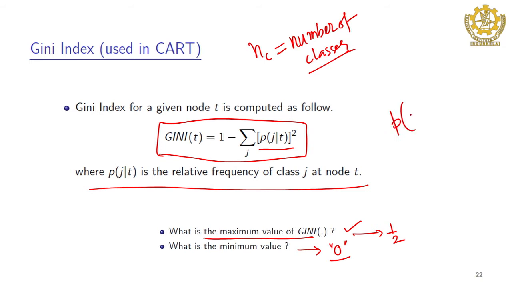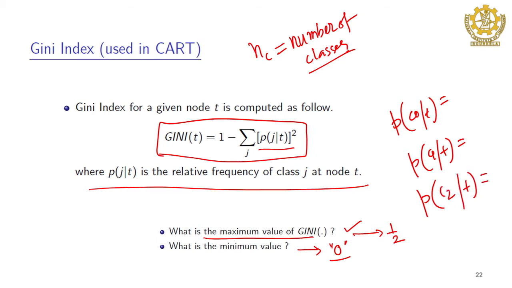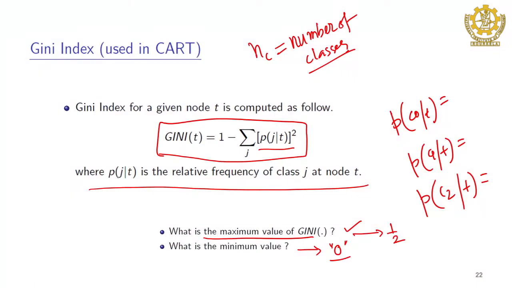P(C0|T), P(C1|T), P(C2|T): for all classes equally probable, the number of objects belonging to each class is the same. With NC classes, each value will be 1 by NC.